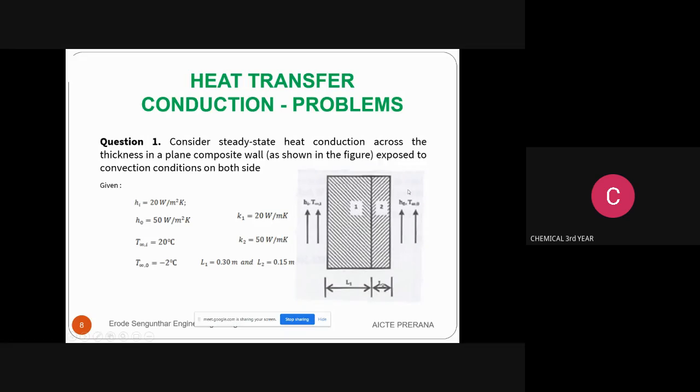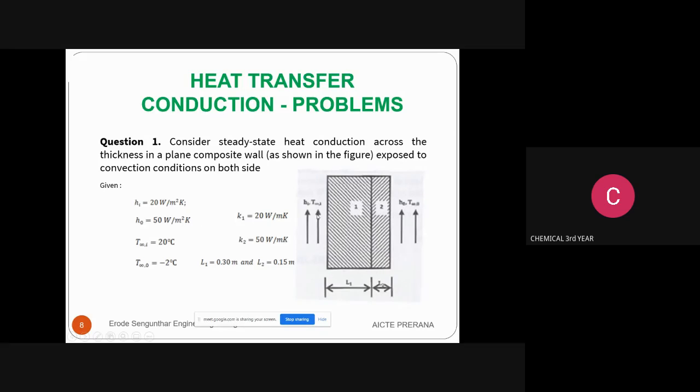So both sides have convection conditions, and here they have given the data. hi, the individual heat transfer coefficient at the entrance point, is 20 watt per meter square Kelvin. ho, again an individual heat transfer coefficient, at the exit point, is 50 watt per meter square Kelvin.